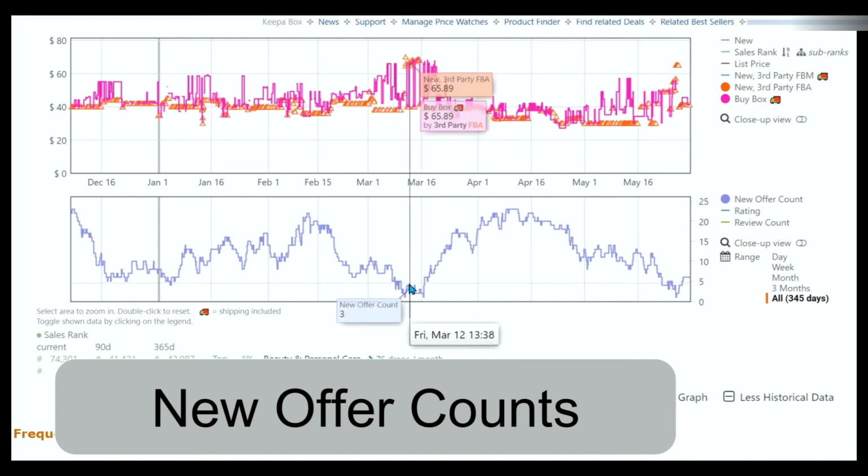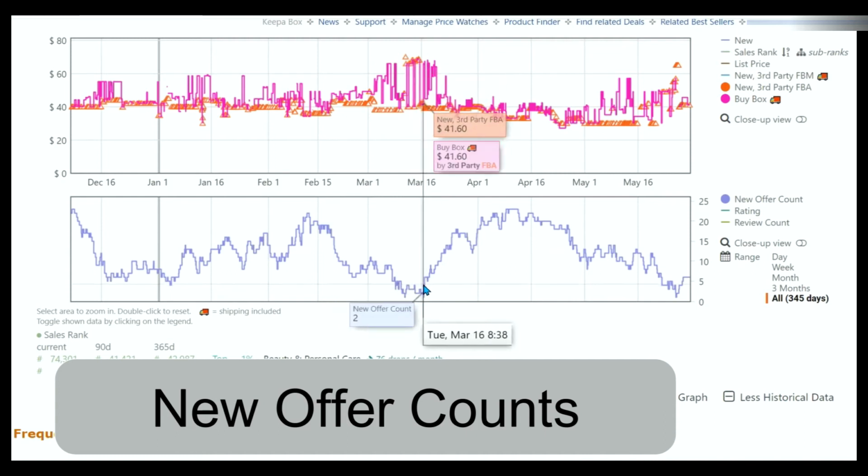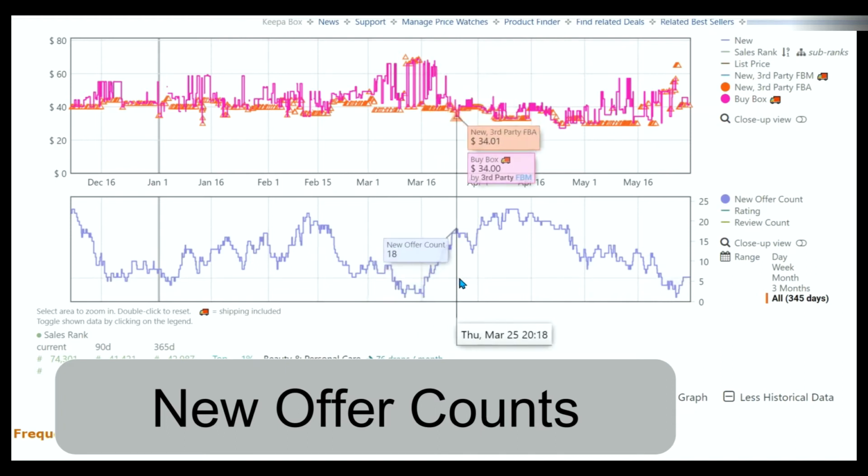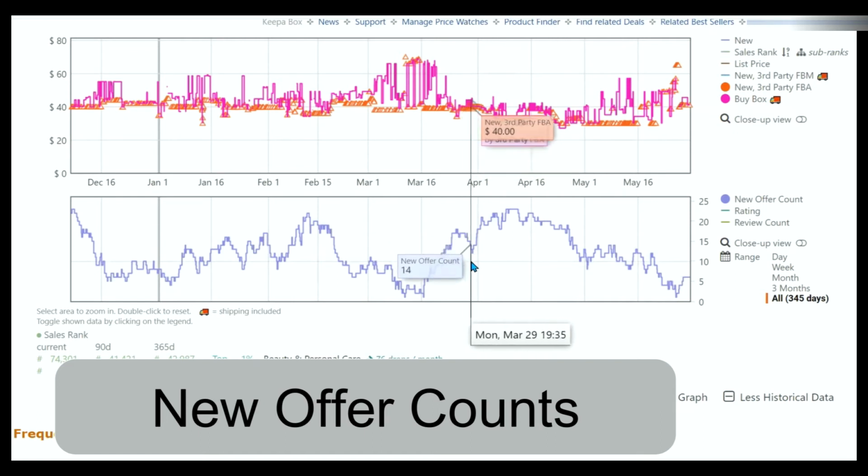And then if you look at from March 16th, you can see that the new offer count increases. More sellers are coming in. 10 sellers on March 20th, 21st, and then you have 17 by March 26th. And as new sellers come, the price drops because competition is kicking in, and there's going to be volatility on that price.